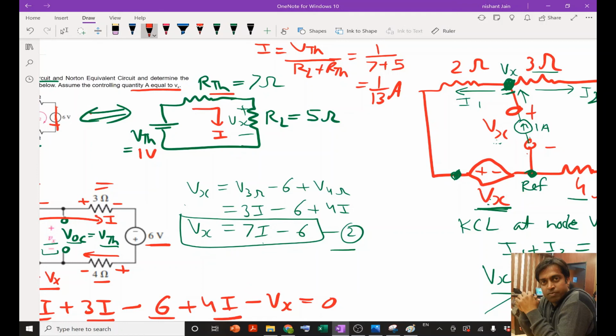And once I get the value of I, I can determine the value of Vx as I into RL. So it will be 5 upon 13 volt.